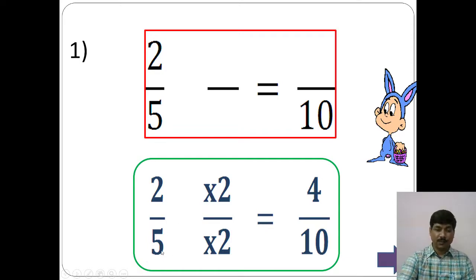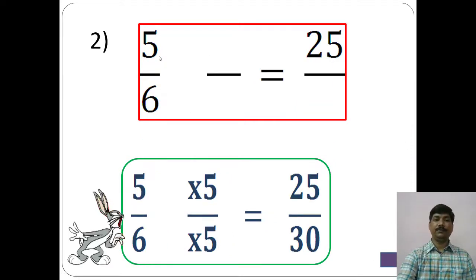So here we are multiplying, so you have to also multiply the numerator by 2. If we multiply 2 by 2, you will get 4. So what will be here? 4. Now the fraction will be 4 upon 10. So this 4 upon 10 is equivalent to 2 upon 5.